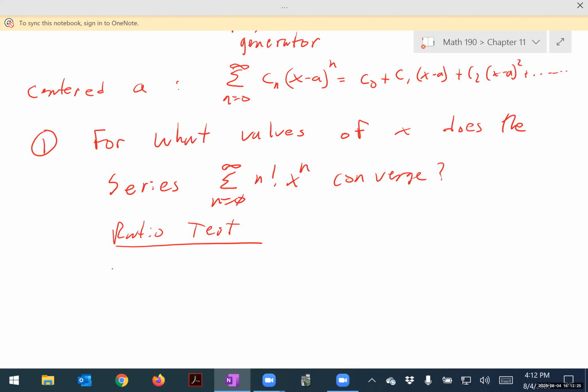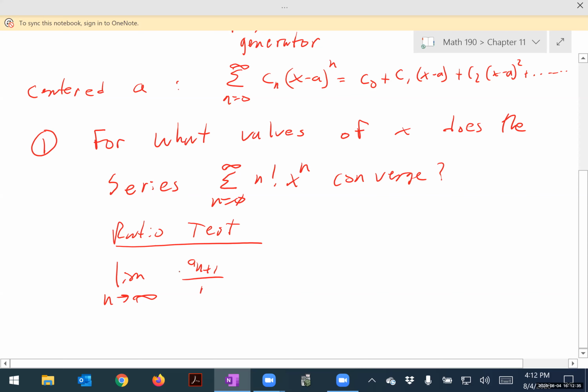We're going to take the limit as n goes to infinity of a sub n plus 1 over a sub n. That's the limit as n goes to infinity of the absolute value of (n plus 1) factorial x to the n plus 1 all over n factorial x to the nth.